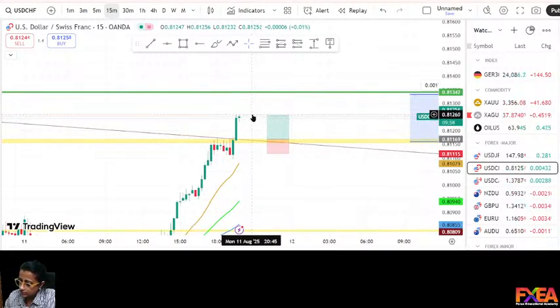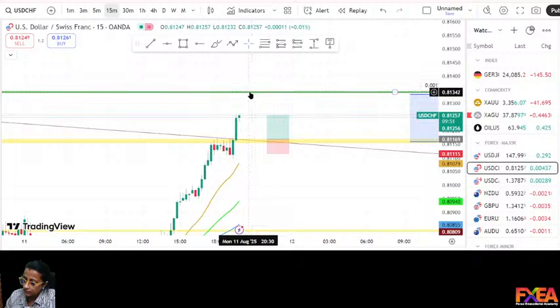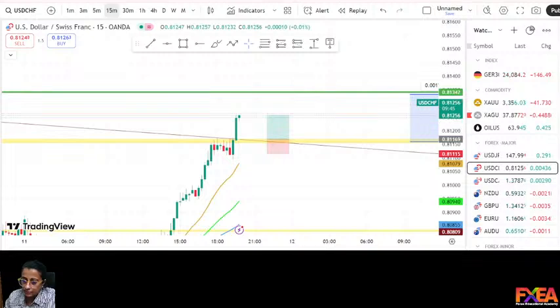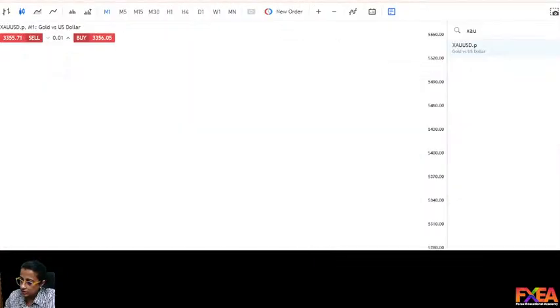Once the trade crosses this level up, you can take the second trade in USD CHF, and the target is here. Let me see what is happening with the dollar index. Let me take a small trade in USD CHF.